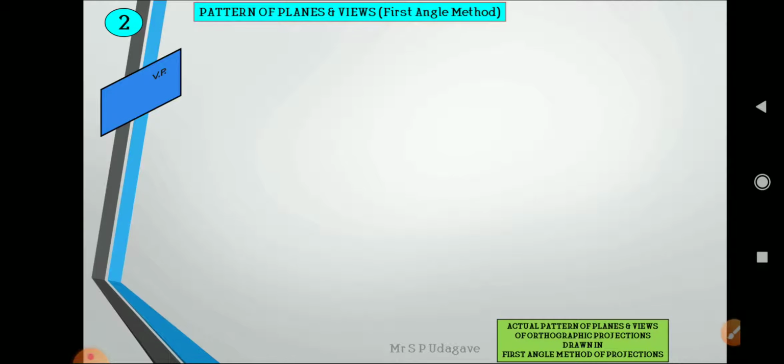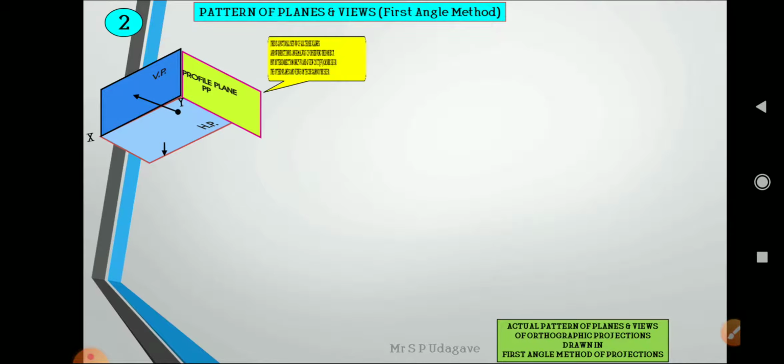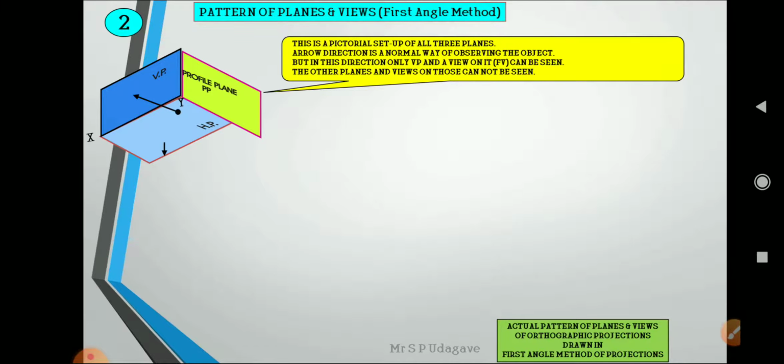The next part is the pattern of planes and views in the first angle method, related to the VP and HP. So, the pattern of planes and the views. The figure shows the VP, HP, the XY line, and the profile plane. This is the pictorial setup of all three planes.